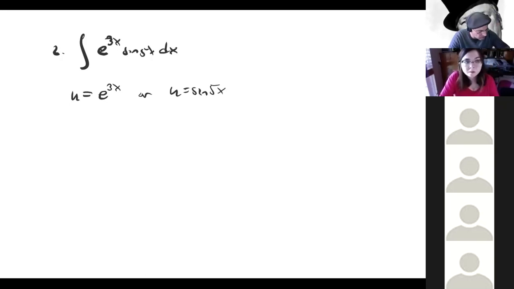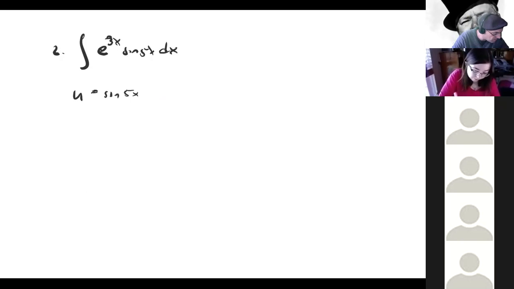So I'll just go with the second one, sine 5x. It's not any easier to do it either way. I'm just partial to that. So u is sine 5x. Okay, so that means dv is everything else, which is e to the 3x dx.